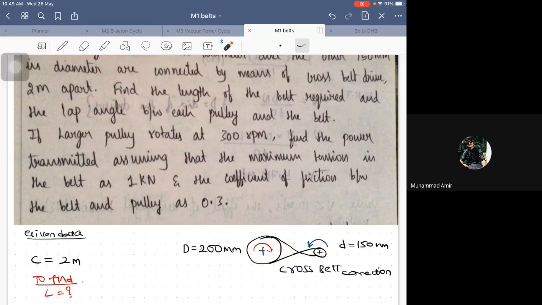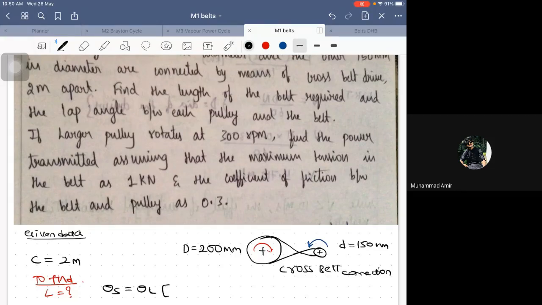Next, the lap angle between each pulley and the belt. He has asked for both, so you have to calculate theta S and theta L. When there is a cross belt drive, remember theta S would be equal to theta L. When it is an open belt drive, it would be of a different value.